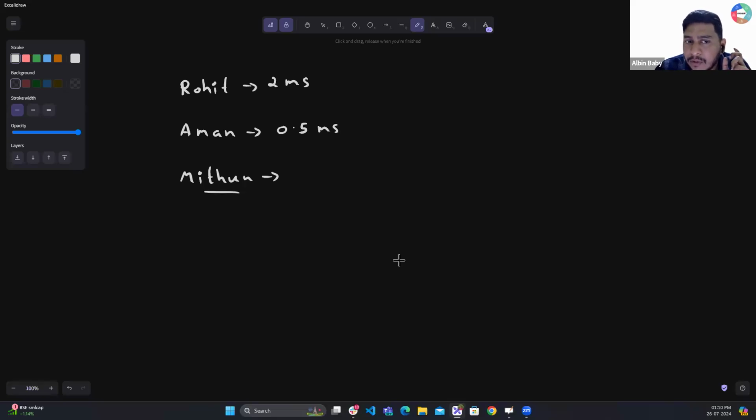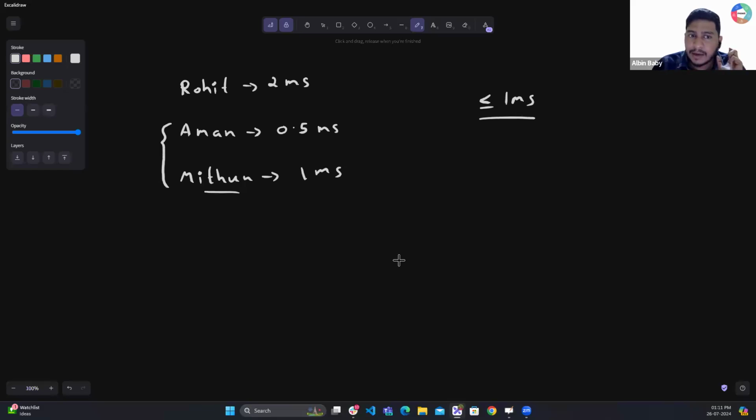And Mithun wrote a code that runs in 1 millisecond. Now, let's say I put a restriction that only code which runs in less than or equal to 1 millisecond will be accepted. Who will win the prize?